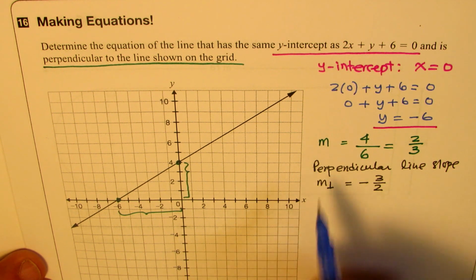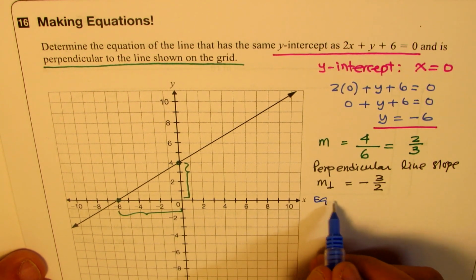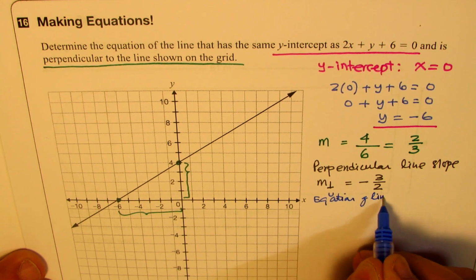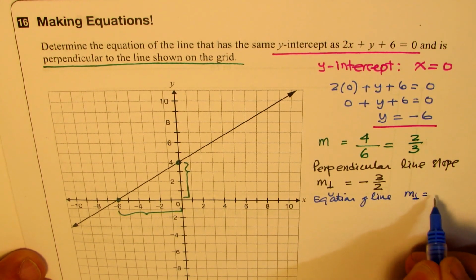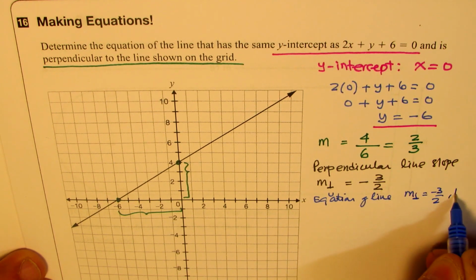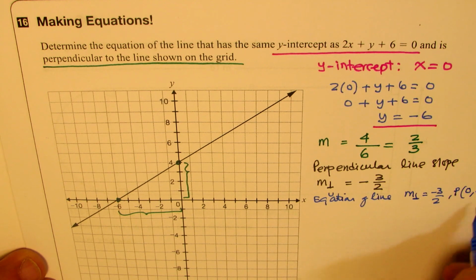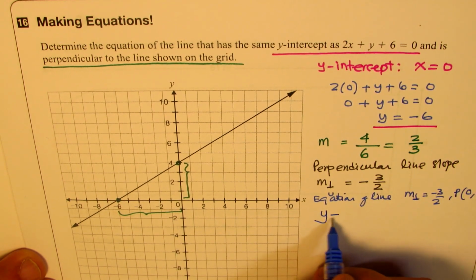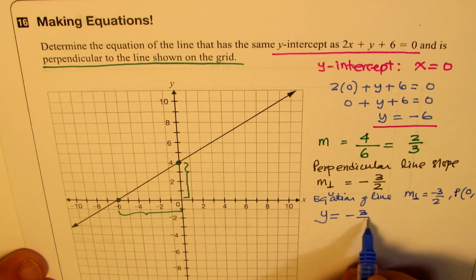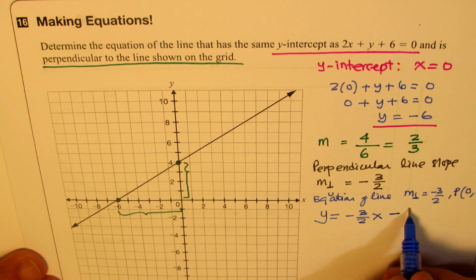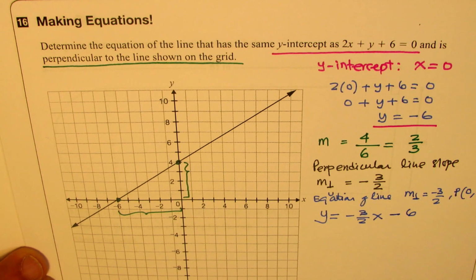So we get our equation from these two conditions. So we can now write down the equation of the line which has slope minus 3 over 2 and which goes through the point which is the y-intercept 0, minus 6. That is basically y equals minus 3 over 2 x, and that is your y-intercept, right? Minus 6. So you get your equation. Do you see that?